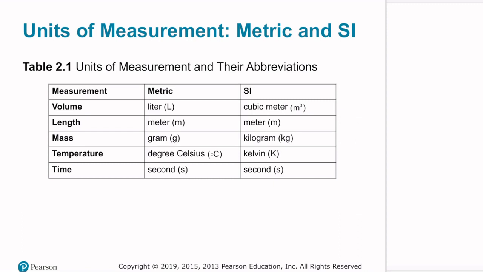But the standard unit of measurement for volume in the metric system is liter, and for the SI system, the standard unit for volume is cubic meter. For mass in the metric system, the standard unit is the gram, and in the SI system, it's the kilogram. For temperature, the standard unit in the metric system is degrees C, and for the SI system, it's Kelvin.